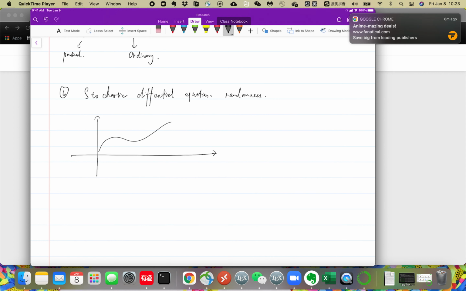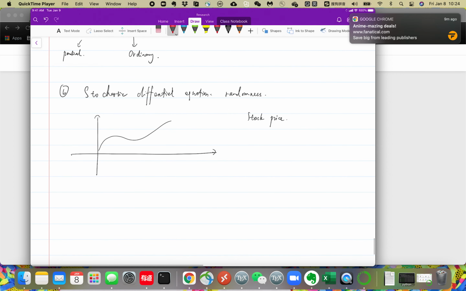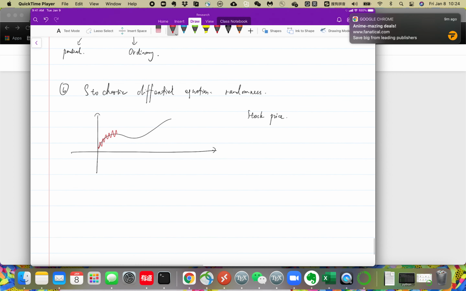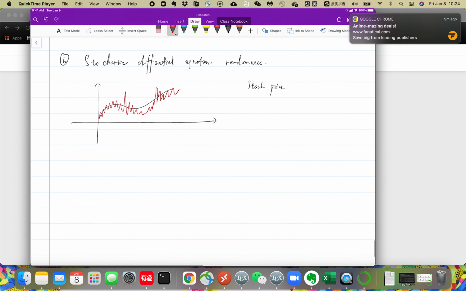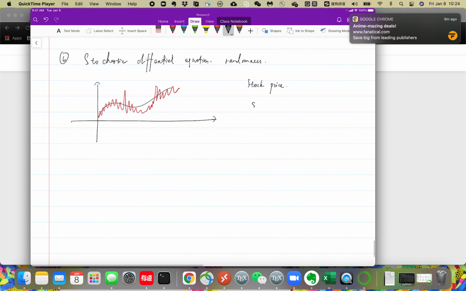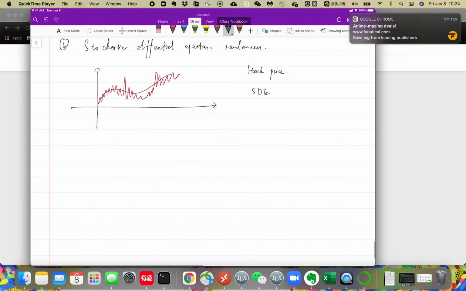This is how the stock price is going to change. But in real life, there is some randomness every day that you cannot predict. So the real thing will look something like that. Anything that looks fuzzy like that, because you have a lot of randomness involved, is described by stochastic differential equations. So it's not surprising that you will see SDEs in finance a lot.